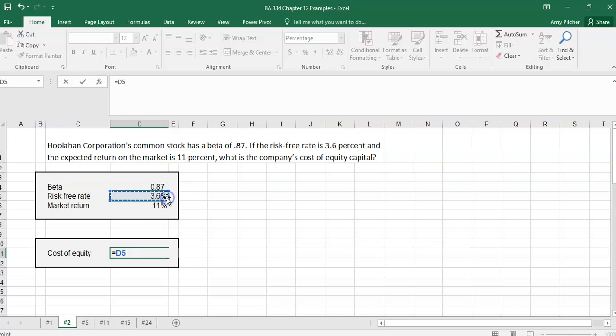So risk-free rate plus beta times market return minus the risk-free rate. So the cost of equity is 10.04%.